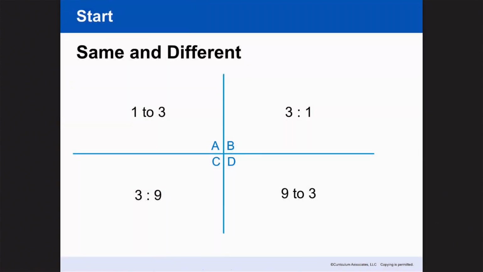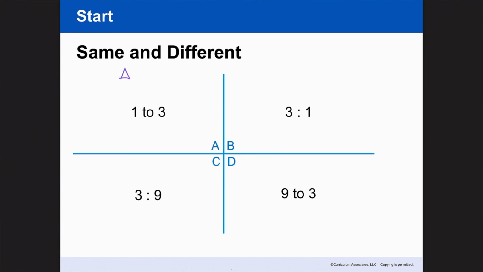Okay, and looking at our first start problem here to get our brains thinking about ratios, the first thing that I see is I'm presented with 4 different ratios. The best way to get my brain thinking about these numbers is to draw a model to follow each of these.